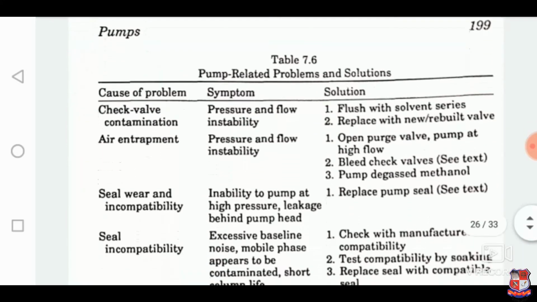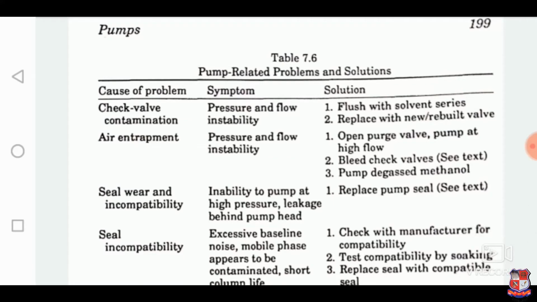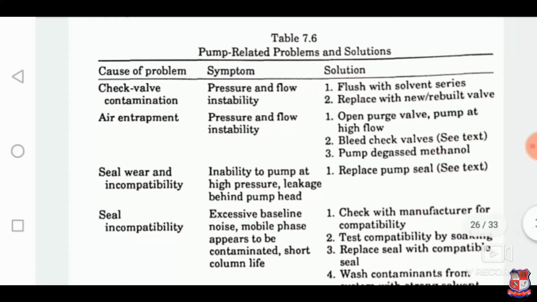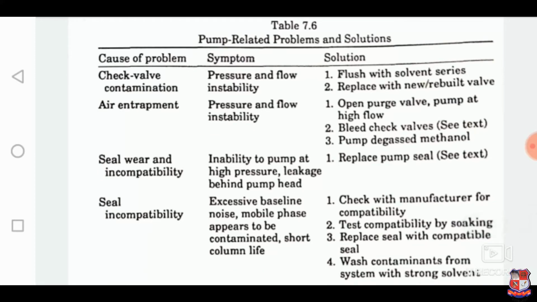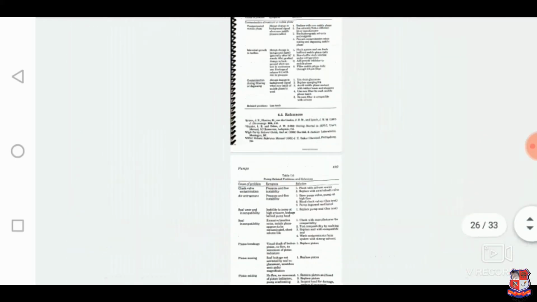These are the pump-related problems, like check valve contamination. Symptoms are pressure and flow instability. The solution is to flush with a solvent series or replace with a new or rebuilt valve. Air entrapment: the symptoms are also pressure and flow instability, and the solution is to open the purge valve and pump at a high flow rate.